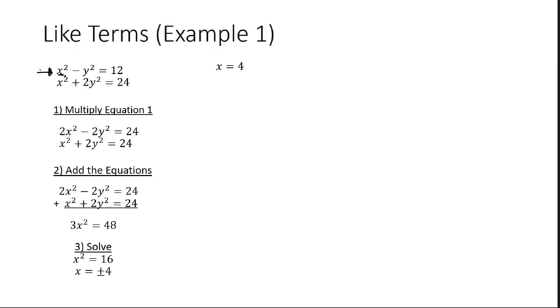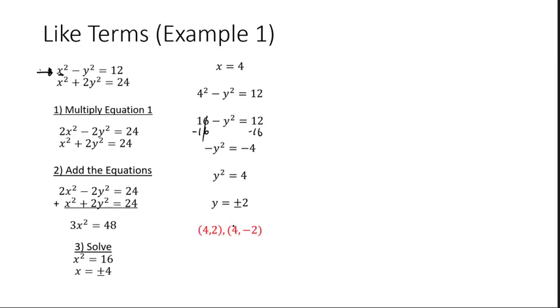If you plug a 4 in for x, we have 4 squared minus y squared equals 12, so 16 minus y squared equals 12. Subtract 16 from both sides, and we have negative y squared equals negative 4, so positive y squared equals positive 4. So y equals positive or negative 2. When x is 4, y could be positive 2 or negative 2.